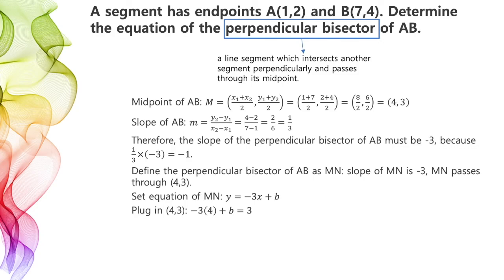So from y equals negative 3x plus b, we swap the two sides to get negative 3x plus b equals y. So negative 3 times 4 plus b is 3. So negative 12 plus b is 3. Now, add 12 to both sides. We get b is equal to 15. So the full equation of the perpendicular bisector of AB is y equals negative 3x plus 15.